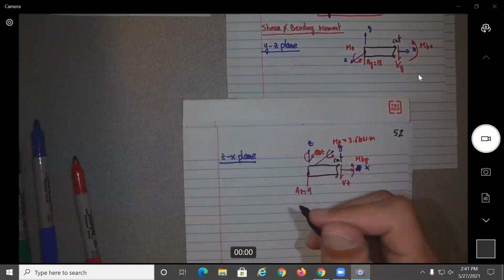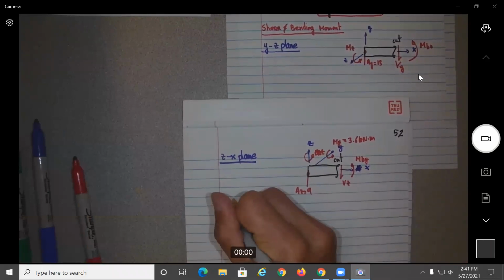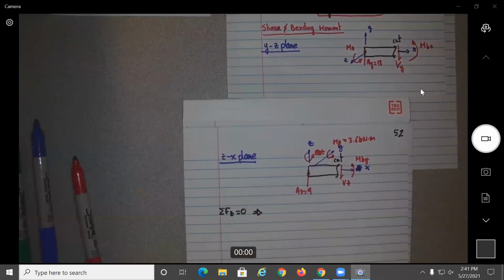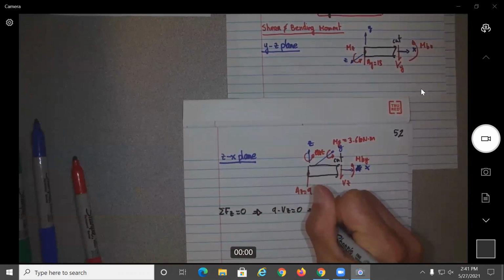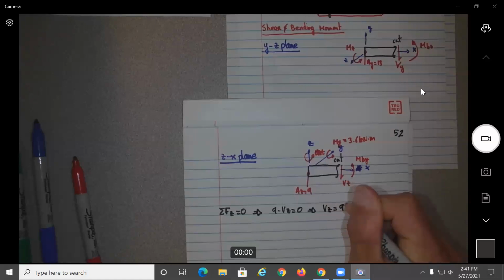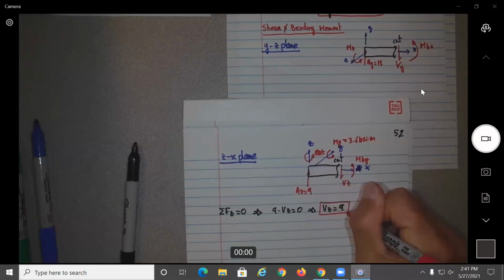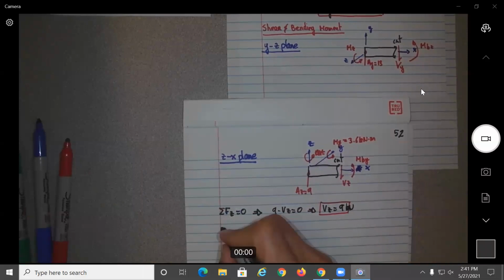We will do summation of forces on the Z equal to 0. So this will give us that 9 minus VZ equals 0, or VZ equal 9 kilonewtons. You do summation of moments about the cut equal to 0.